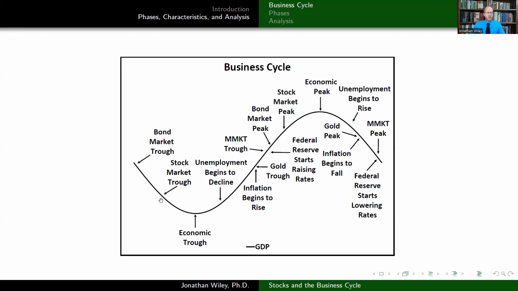And the reason why the stock market is typically going to hit a bottom before the economy hits the bottom is because stocks are based upon the present value of all expected future cash flows. So notice it's the expected future cash flows.